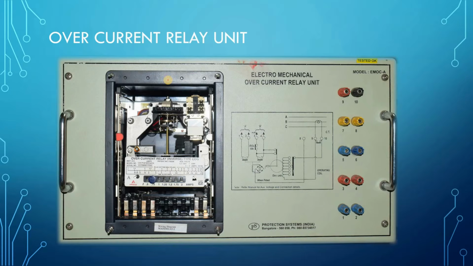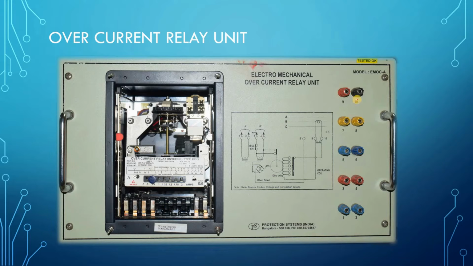So let's see this one. This is the unit of the overcurrent relay. The relay is inside this unit, and only the terminals are accessible over here. To give you easy access to the terminals, this type of unit is made.